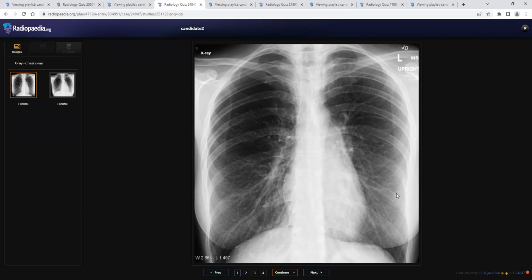So this is, I think, a right-sided pneumothorax, and I need to urgently inform the chest physician. Maybe I need further assessment with CT to see the underlying pathology if this patient is not post-traumatic. So I need to do HRCT to assess the pathology.